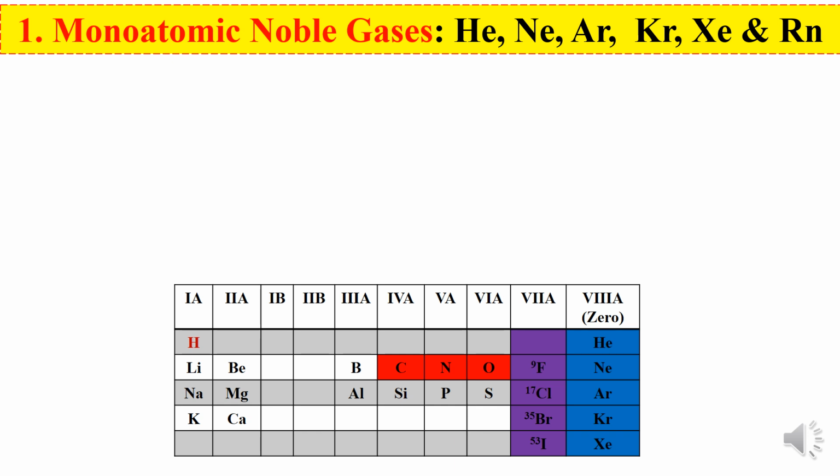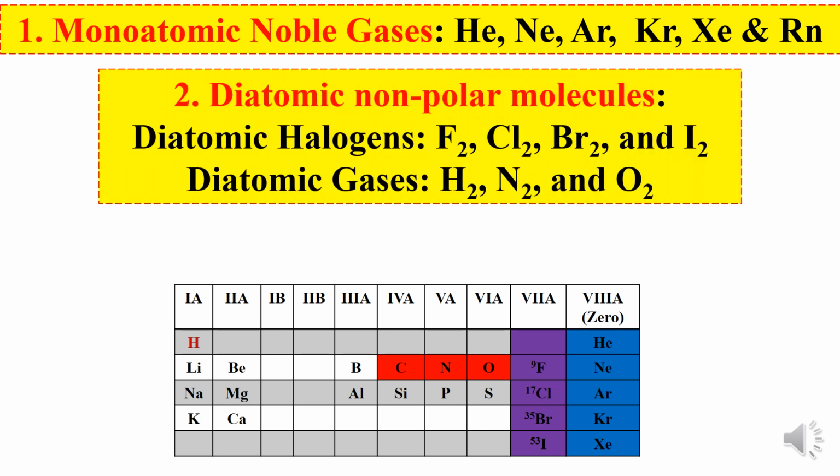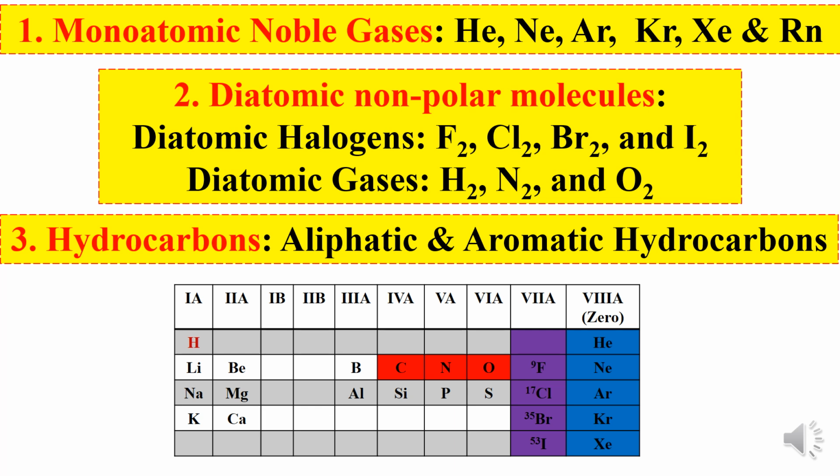This video will involve discussion on the effect of van der Waals forces on monoatomic noble gases, impact of van der Waals forces on diatomic nonpolar molecules, which includes diatomic halogens like fluorine, chlorine, bromine, and iodine, and diatomic gases like hydrogen, nitrogen, and oxygen. The video also explains the influence of van der Waals forces on the physical properties of hydrocarbons, including both aliphatic as well as aromatic hydrocarbons.